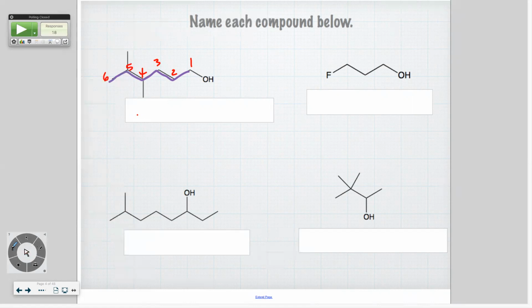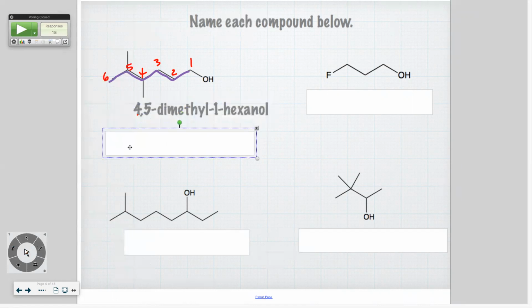All right, how about the one there on the right? What do you think? So what is the longest chain? 3.